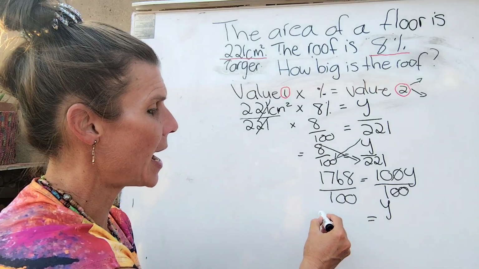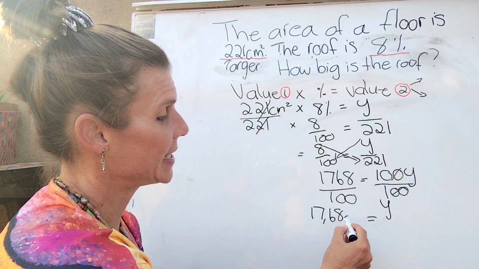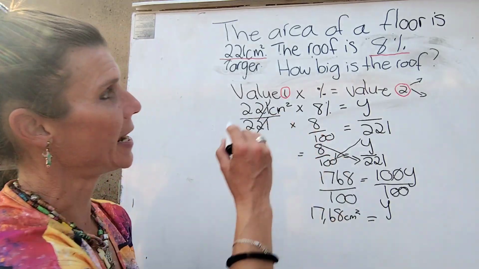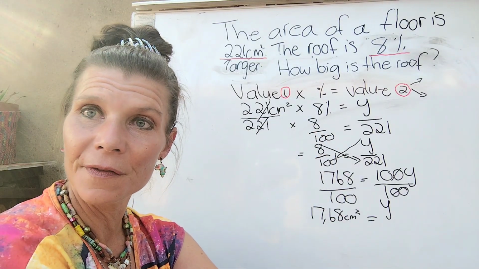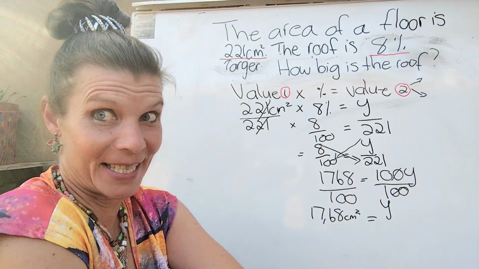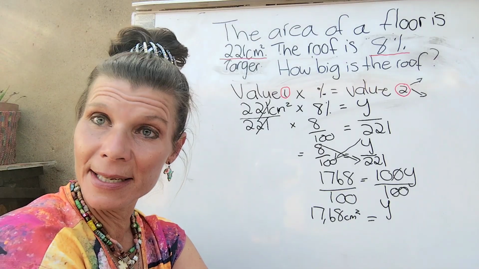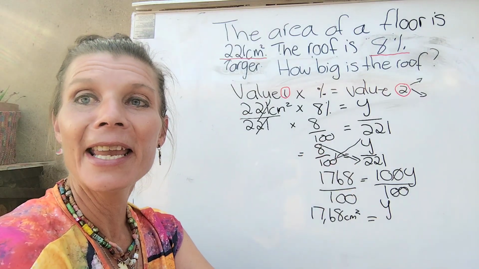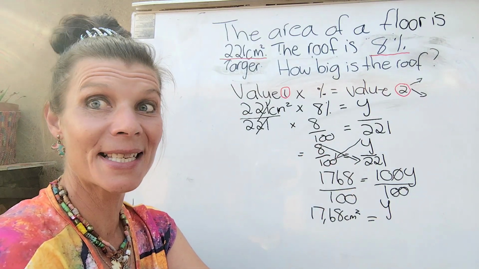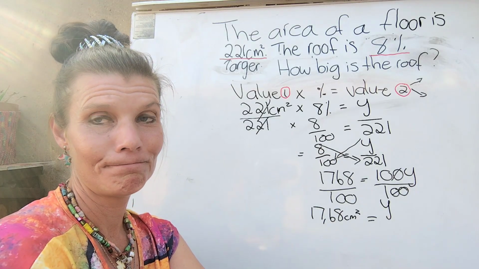1768 divided by 100 gives me 17.68 centimeters square. And that will be the area of the roof. And it matches exactly what we worked out for the percentage previously. So this is an easy way in which I can work out percentage and value at the same time.